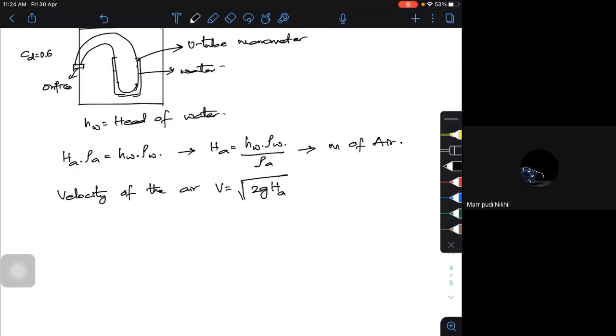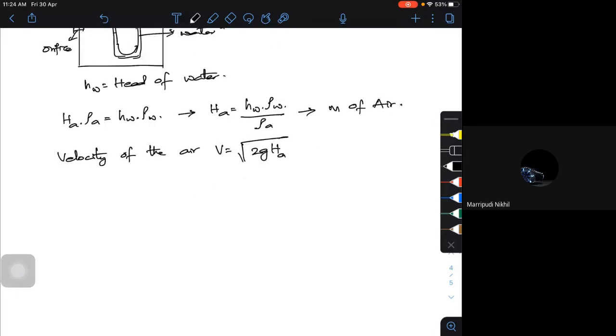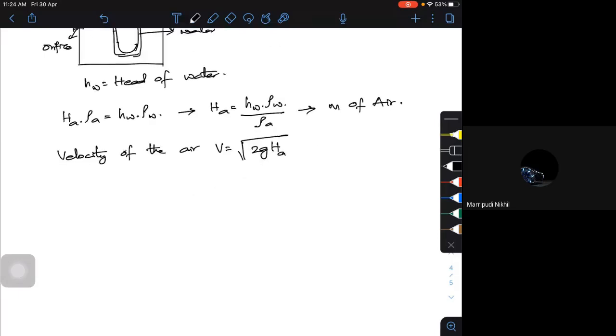At any given point, if you want to find the volume of the air flowing through this orifice, what is the volume of air flowing through the orifice?